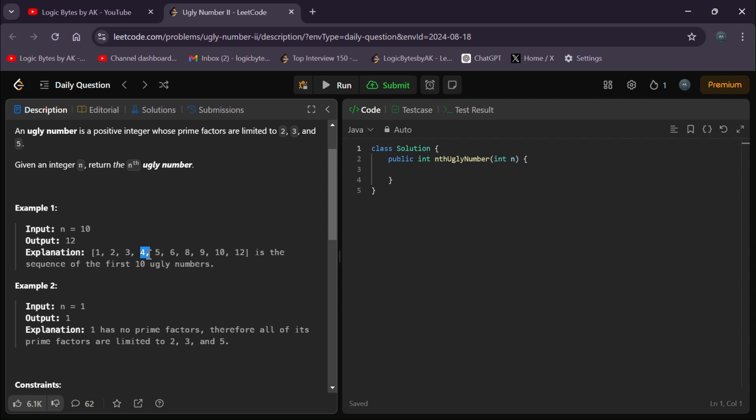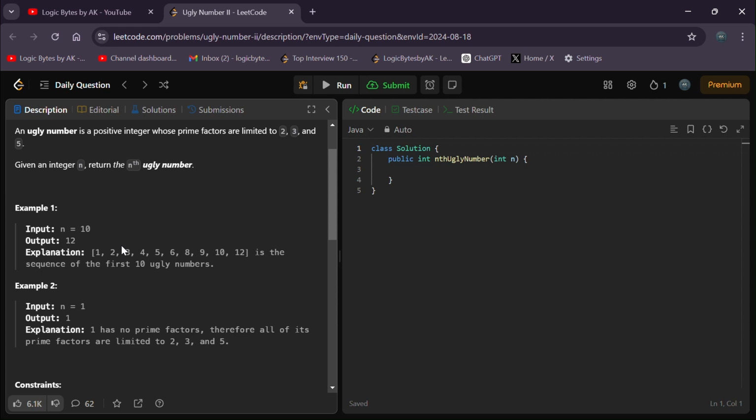For 4, 2 is ugly, and 2 into 2 gives 4. For 3, 1 is ugly and 3 is also ugly, so we store 3. For 2, 1 is also an ugly number.